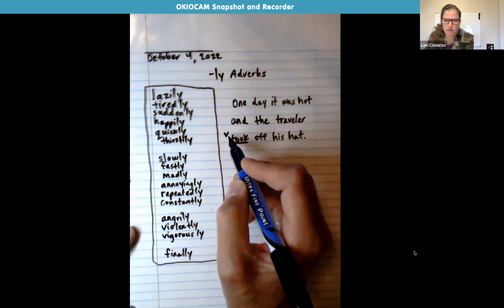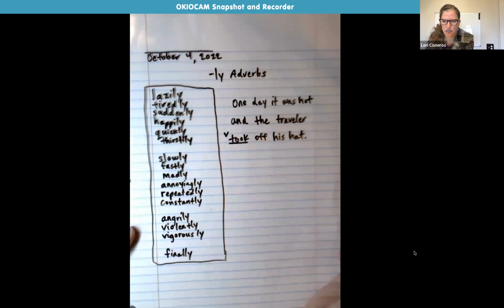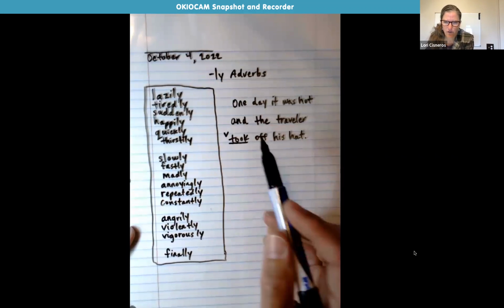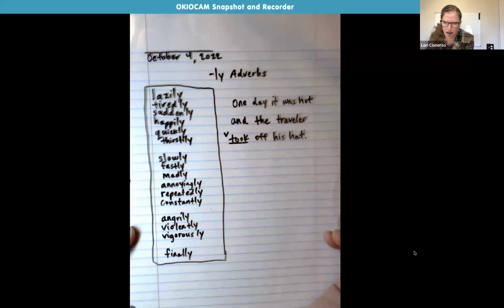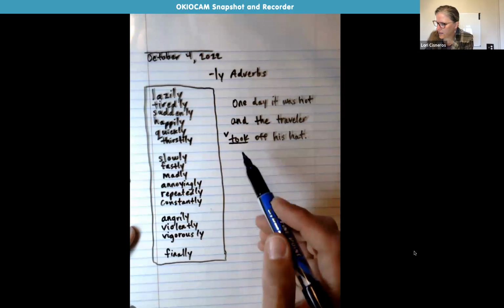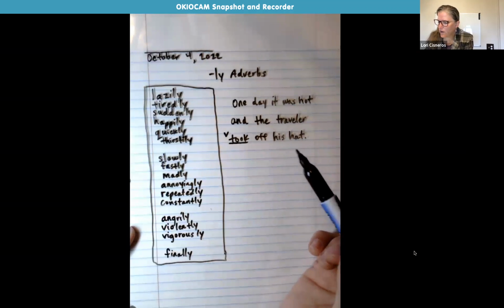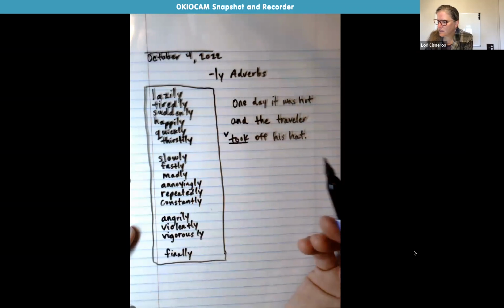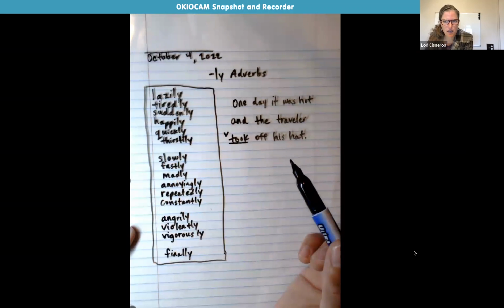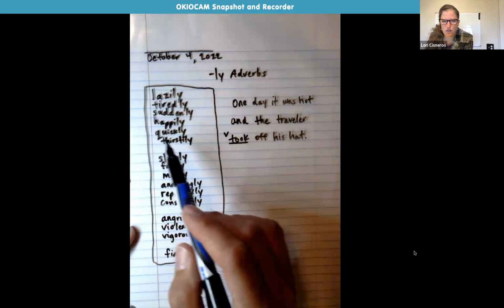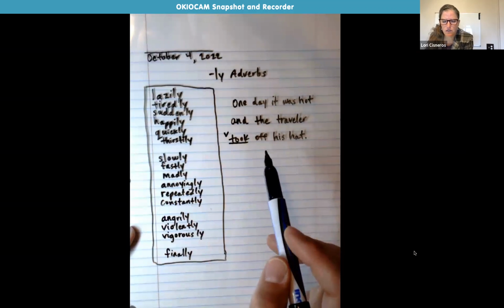Remember the little caret symbol when we add a word to a sentence? Go ahead and write that in. And yours might be a little bit different. You might have it more on one line, which is fine. What's one of these words? He lazily took off his hat, or he tiredly took off his hat. He suddenly took off his hat.